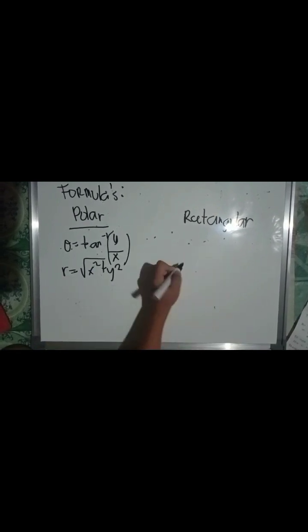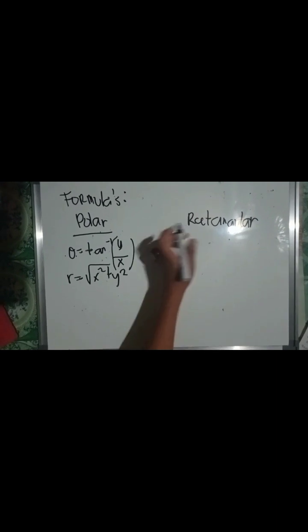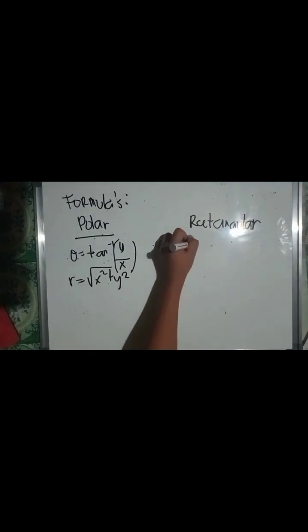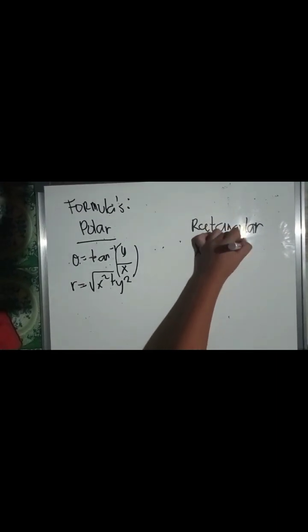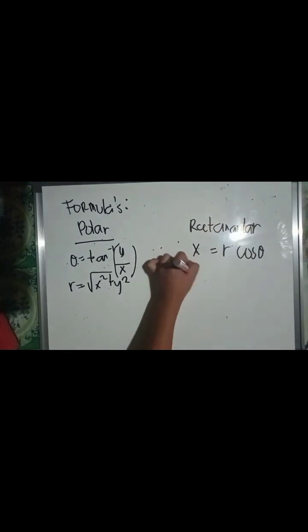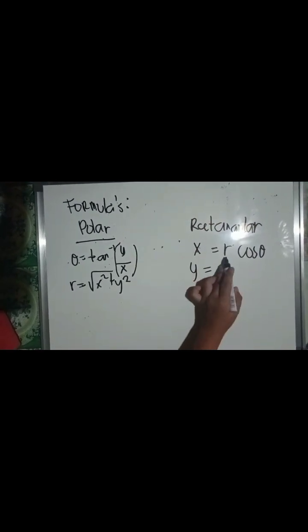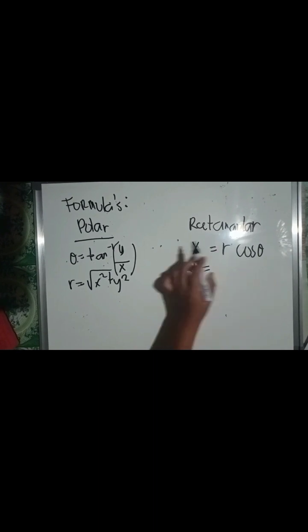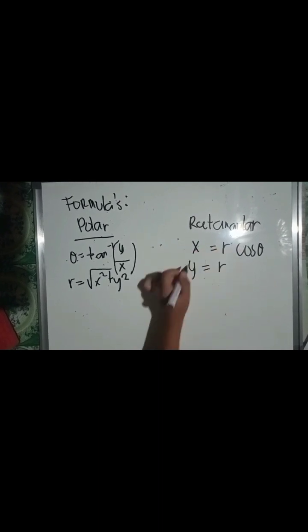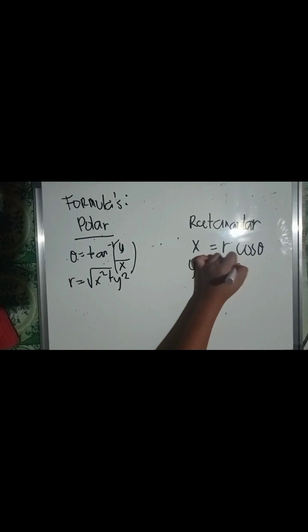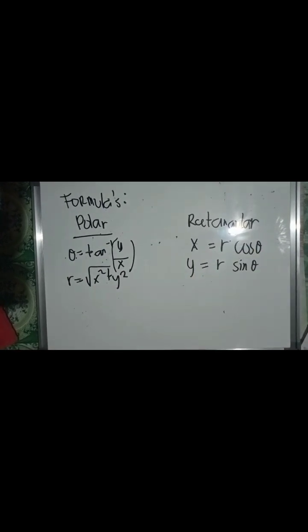And for converting polar to rectangular, the formulas would be x is equal to r cos theta, while y is equal to r sine theta.